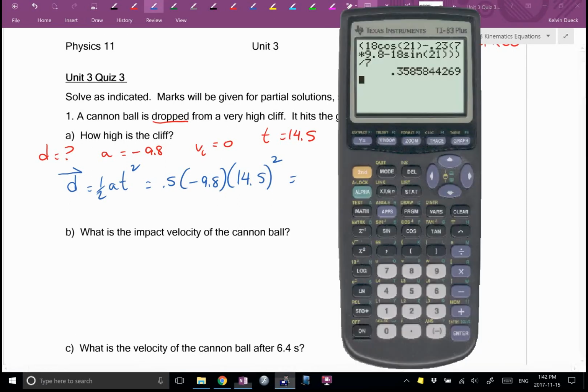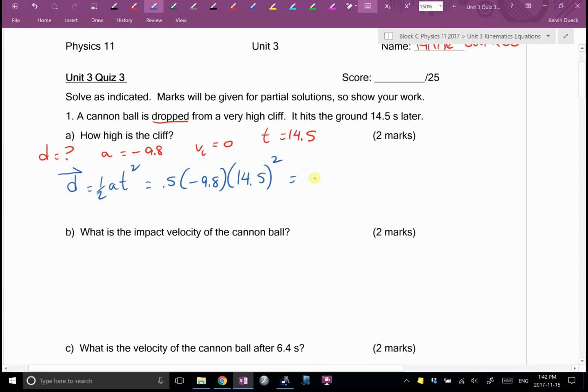It's going to be 0.5 times negative 9.8 times 14.5 squared. And I get, ooh, that's a high cliff. Negative 1,030.225. I'm going to write negative 1,030 meters. Now, it's technically a height, so if you made it positive, I'm good with that.